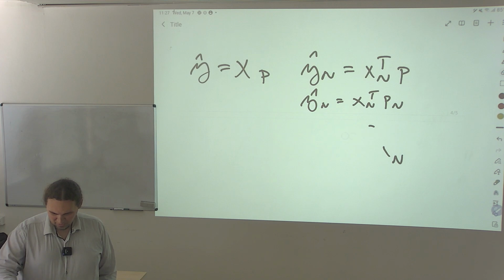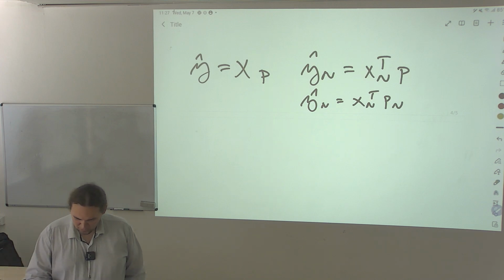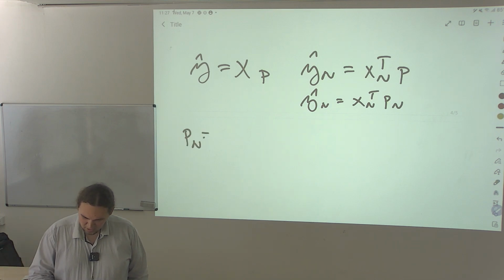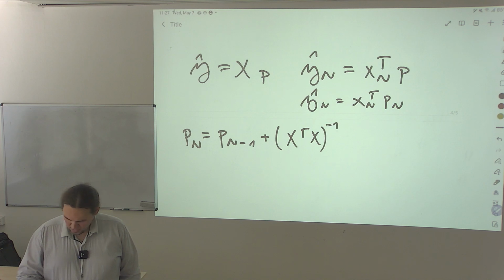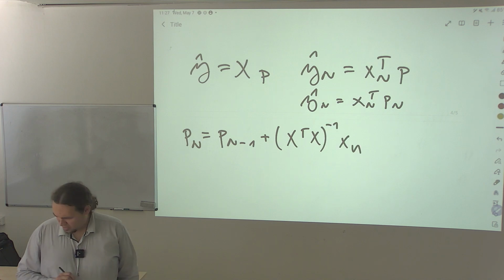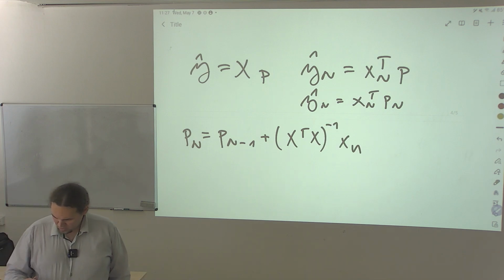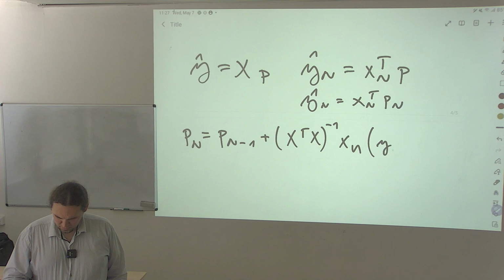Let me rewrite it, because I wanted to first write it with a shorthand notation, but I'll just simplify it. X transpose X inverse. We have xn, and we have our prediction error.